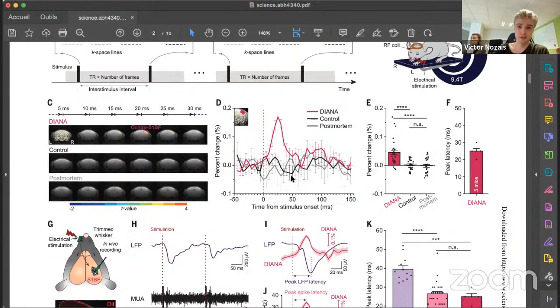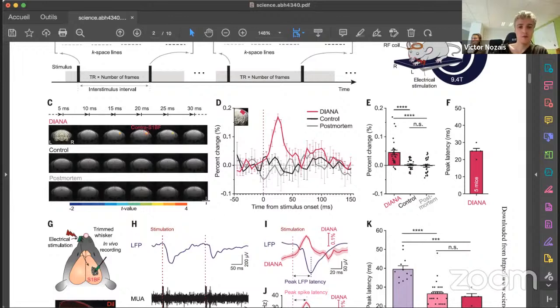And they can plot the thing that you have here. So, of course, on mice, one slice, even if it's half a millimeter, if the voxels are half a millimeter of resolution, you still capture quite a big proportion of the mouse brain.